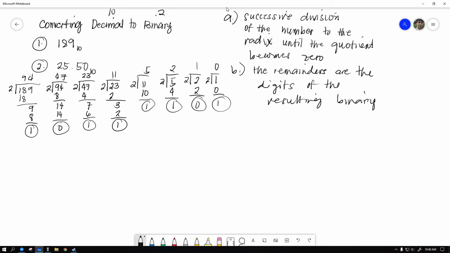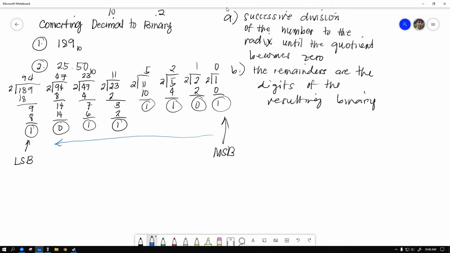Okay, and then this first remainder is called your least significant bit, and this one is your most significant bit. And then how to read the resulting binary number: you should be reading this one backward.